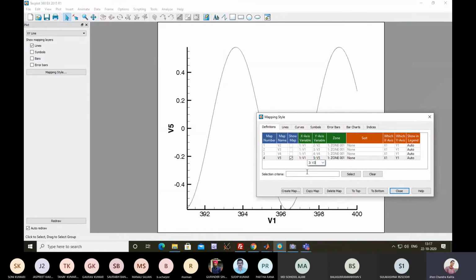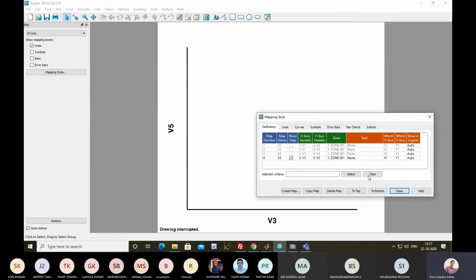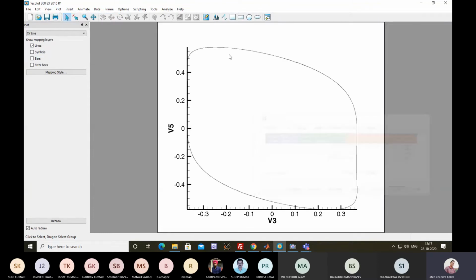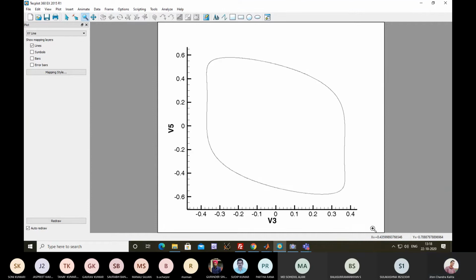That is going to give me the trajectory like the way I have drawn on the blackboard. Here you cannot see anything, but now you can see that I'm getting this graph.